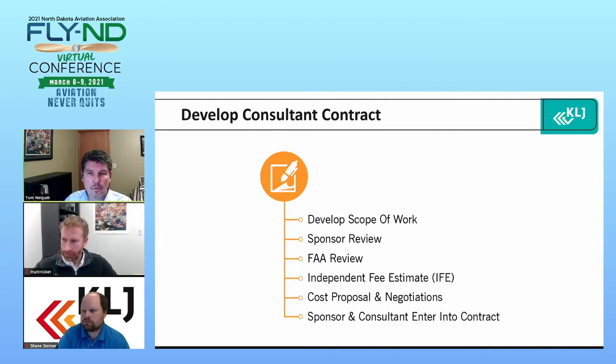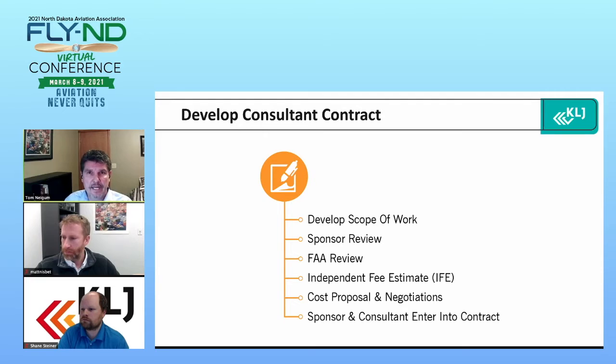And really what the scope of work does is it sets the table for what the consultant's going to be doing, outlines the tasks that are going to be completed, and really starts defining that level of effort that's going to be included in the consultant contract.